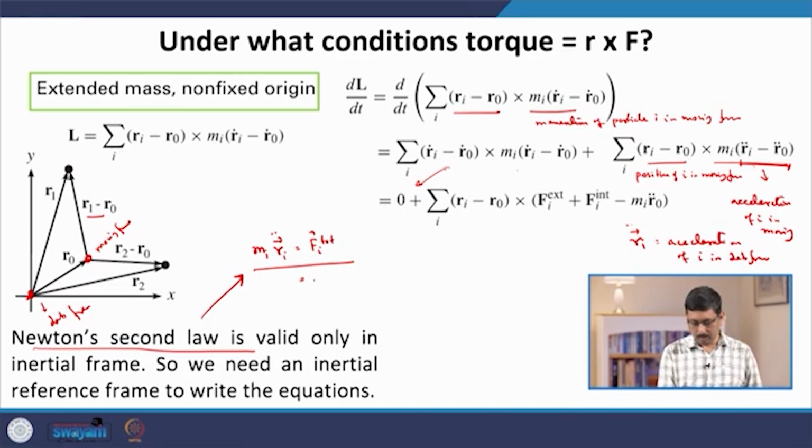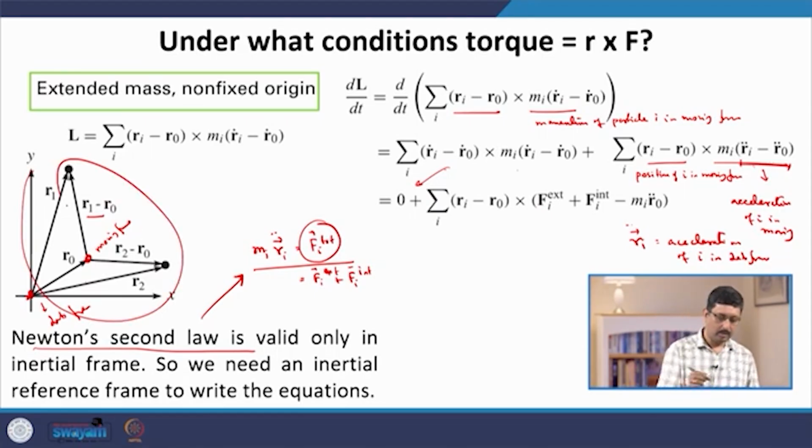Then, as before, note that this is the real physical interaction which obeys Newton's third law. So, we divide as before into external force and internal force. In this particular example, the force on 1 by 2 is the internal force and everything else is in the surrounding. So, this is our system, everything else is in the surrounding. So, those will be external force.